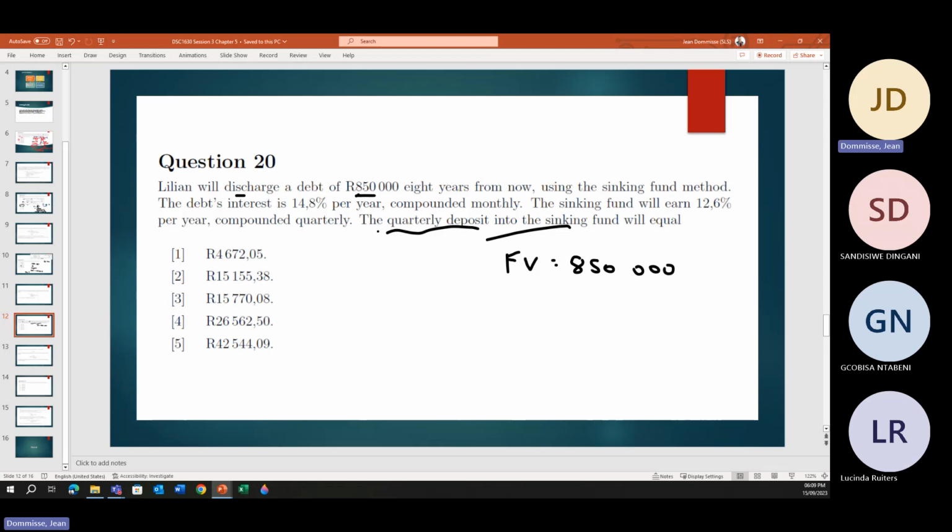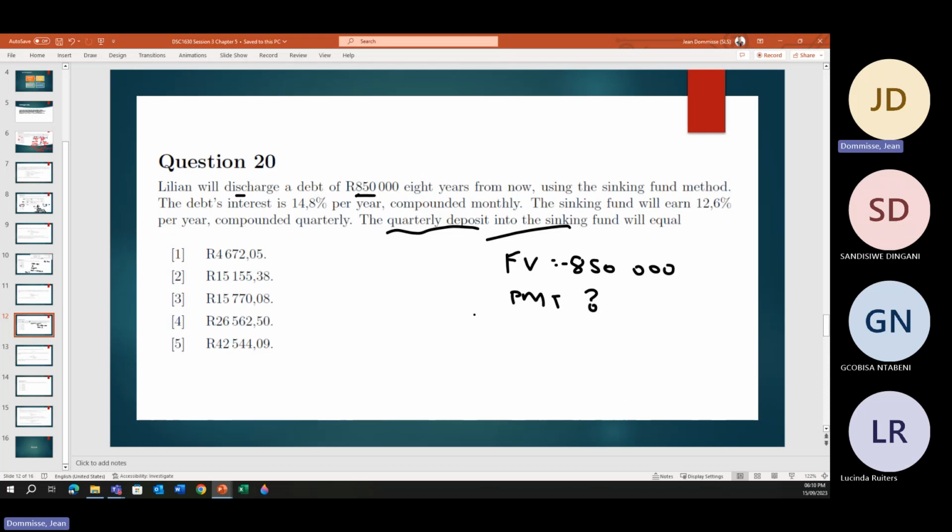We need to get to a quarterly payment, so we will need to find out what the PMT is. Okay, so that is the thing that we will need to find out. So then just remember again, when we work with our calculators, to make the future value negative 850,000 so that we get a positive PMT.